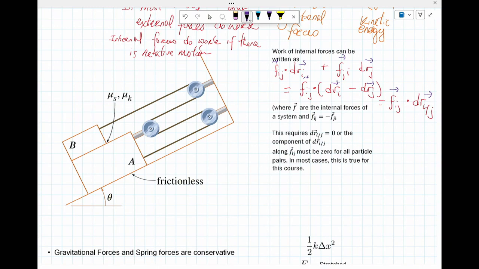So I can rewrite it in that form, and just keep that in the back of your head. I will do that example in a little bit more detail, but for now I want to stop on that. I just want to point out that internal forces can do work, unlike internal forces in terms of second law analysis, which we did in the previous version of this problem.